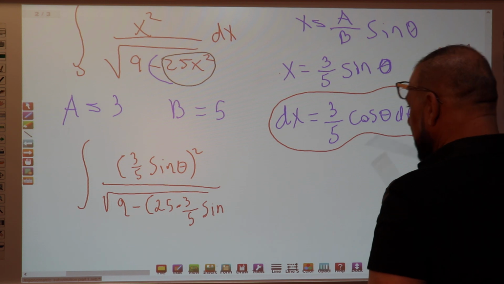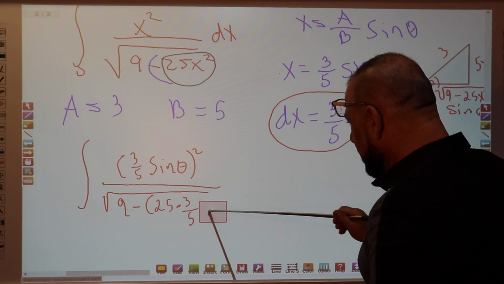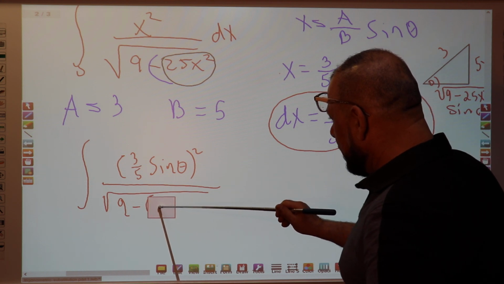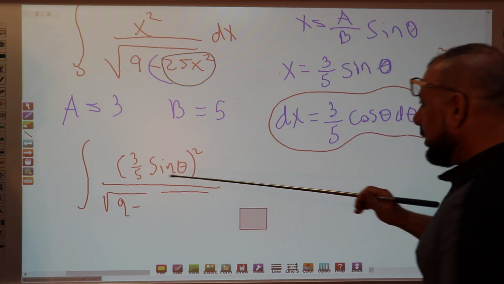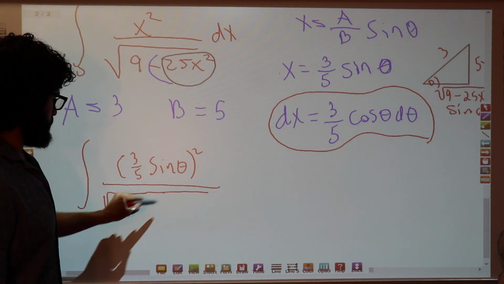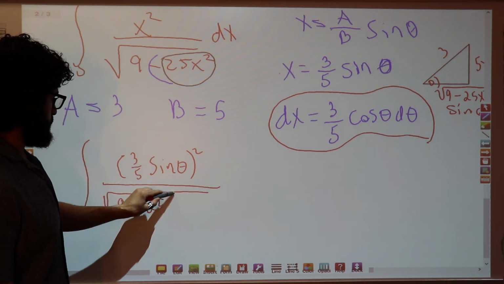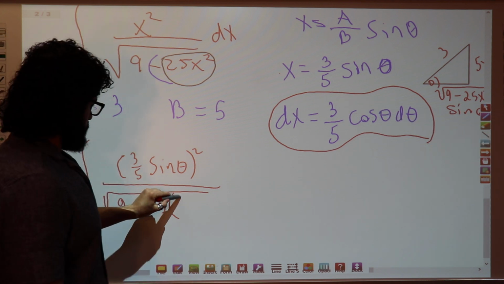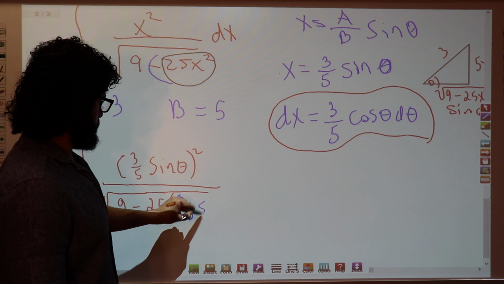Can I erase this and guide you with the colors? Only with the colors. Leave the 25 with no parentheses, in red. Open parentheses. Now use blue. Now x is 3 over 5. Yes, thank you.